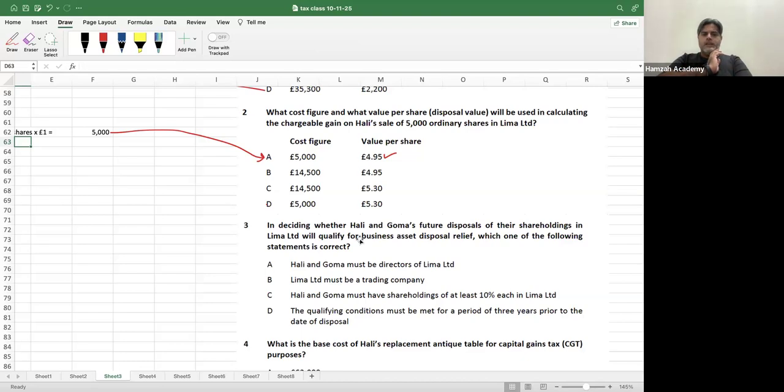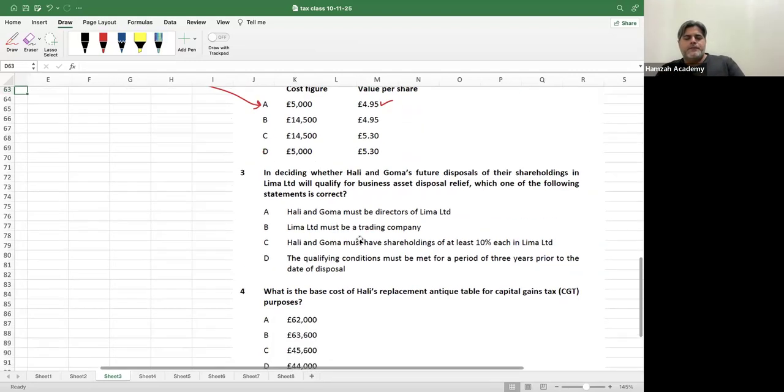If you have been employed for the company for 2 years, or you have been holding the 5% of the shares for 2 years, then in that case, you are going to be the one who is entitled for the business asset disposal relief over here, right?